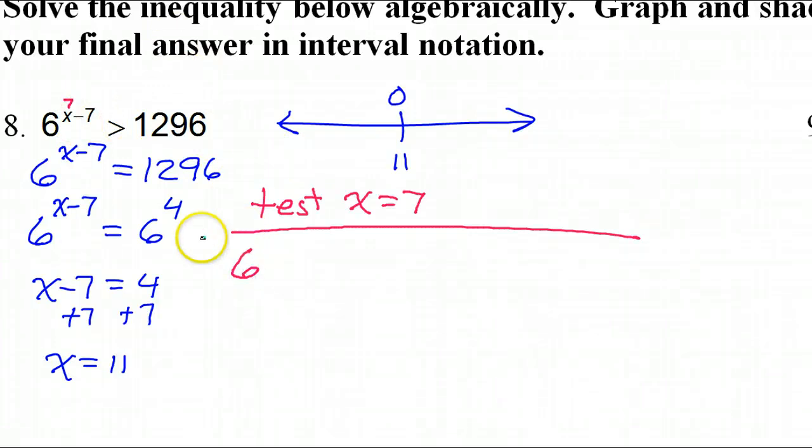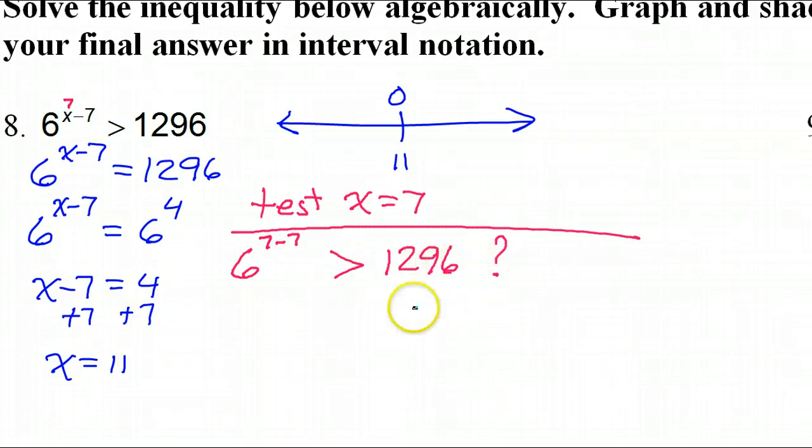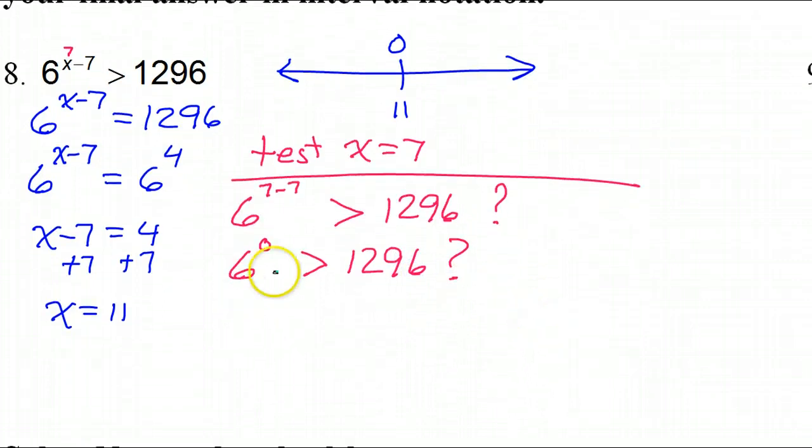So I have 6 to the 7 minus 7 power, and I'm checking to see if that's greater than 1296. Question mark, I don't know, I'm asking. So this would be 6 to the 0 power like I wanted. And is that greater than 1296? I think we see what's about to happen. Anything to the 0 power is 1. Okay, I don't need a calculator or anything.